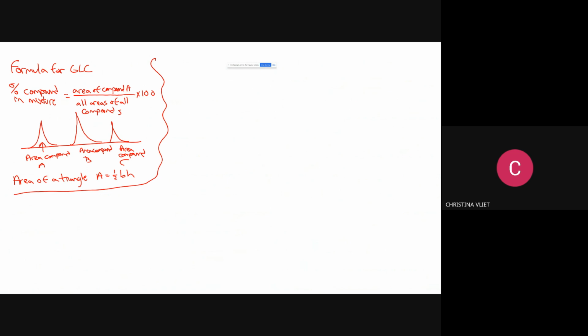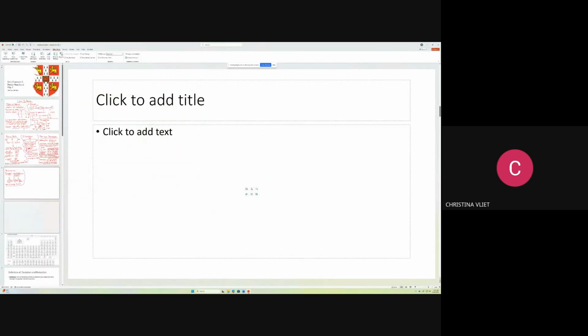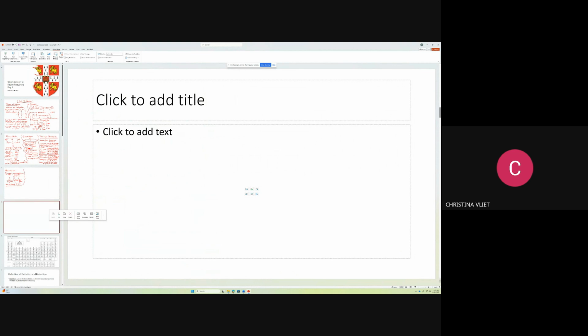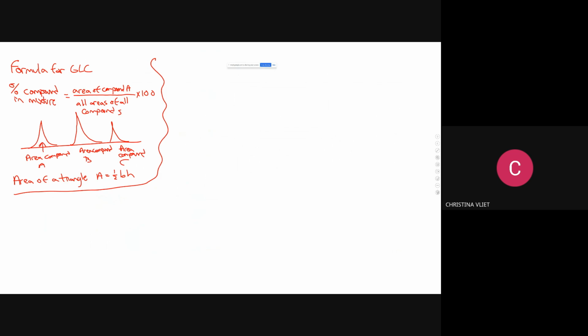I'm going to pause because I want to clear this for a whole new screen for NMR. A whole new brain for NMR.